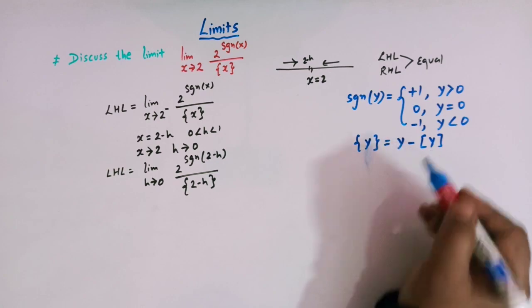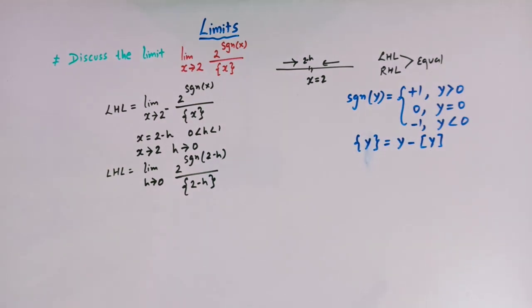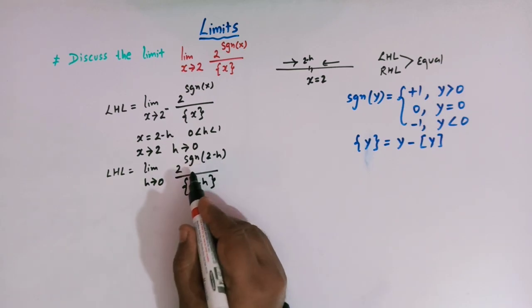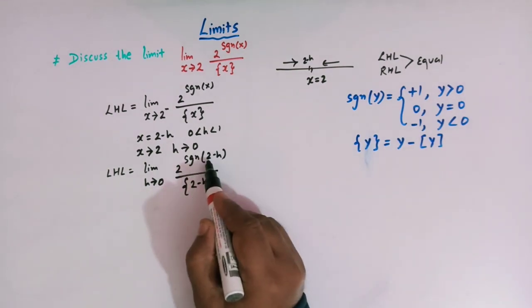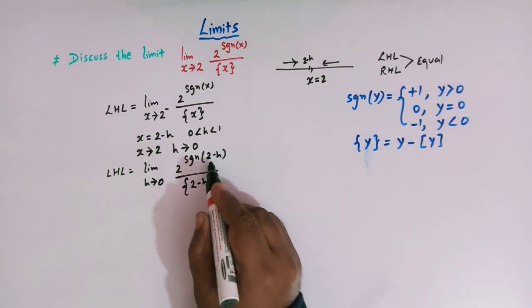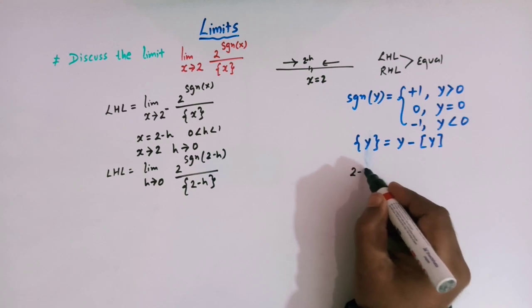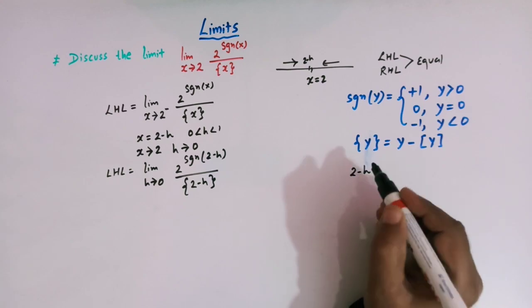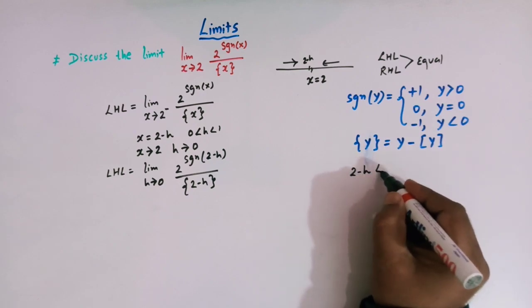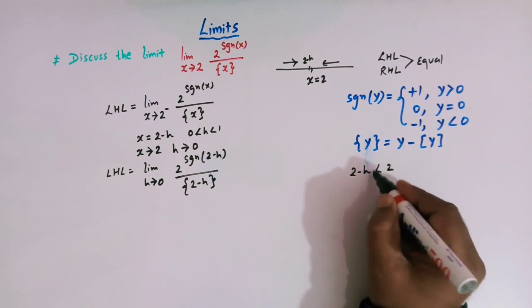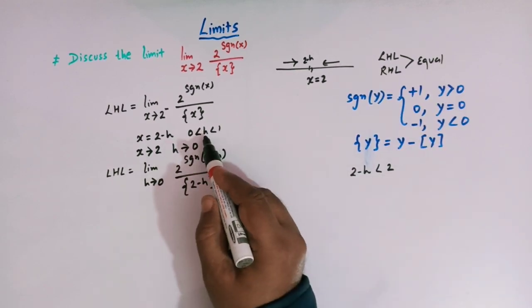Now let us apply these two definitions to this function. Here h tends to 0 and we have signum of 2 minus h. This quantity, 2 minus h, is slightly less than 2 because h is a positive quantity.